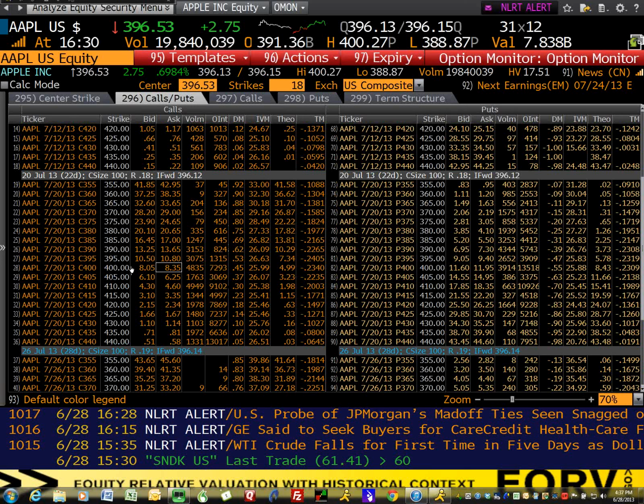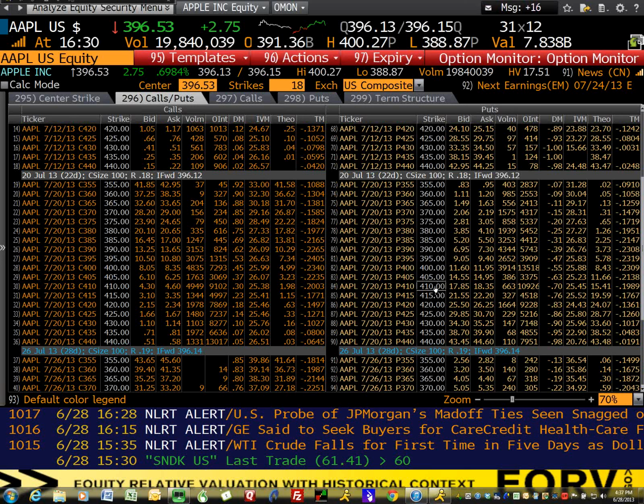Okay, so here we have Apple up, and the monthlies. When you want to determine the implied volatility at any given moment, you need to look at the at-the-money implied volatility. So the stock is at 396. We're going to take the 395s, and that implied volatility is 26.6%.